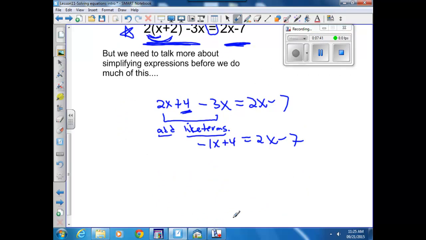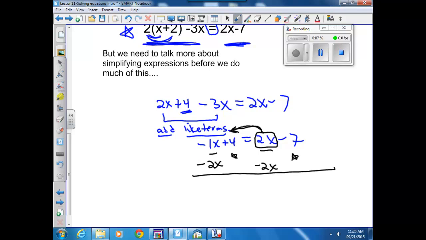Letters on the left, numbers on the right. You want to move letter, number, letter, number. Move your variable expressions to the left. It's good to get in the habit of that. Okay, so minus 2x, minus 2x. Then negative 1x minus 2x is negative 3x plus 4 equals negative 7.